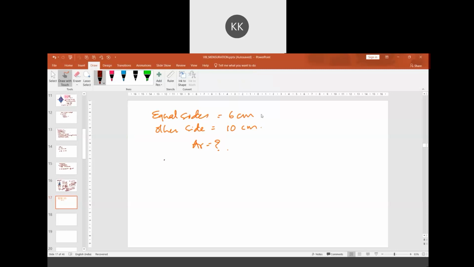Here the equal side is A, the other side is B. Use the formula. It is B by 4 multiplied by root of 4a square minus b square. Apply the formula now. Substitute the values.